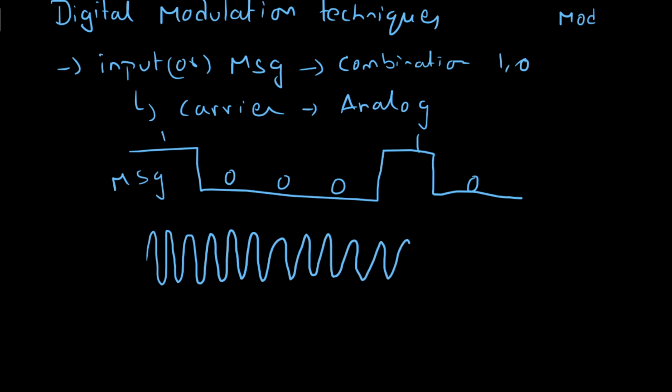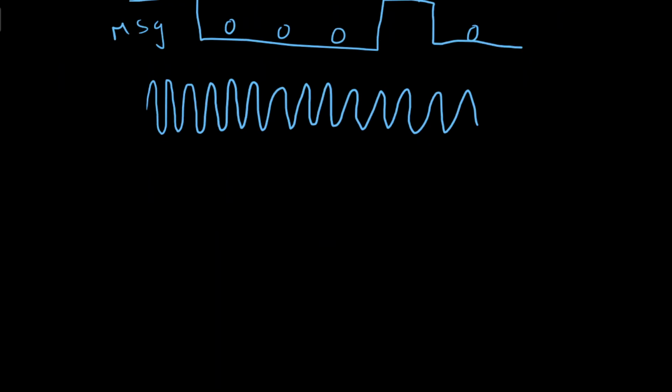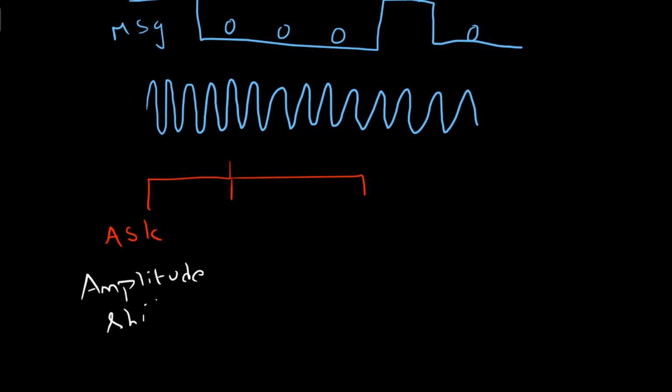Again, it is classified into three types. Digital modulation techniques are classified into three types. ASK is amplitude shift keying. Next, PSK, phase shift keying.